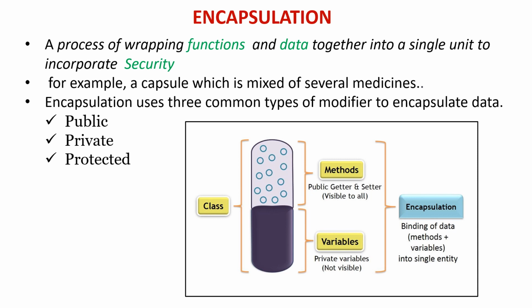We use the access specifiers public, private and protected to implement encapsulation. In this diagram, a class is a capsule. There are two portions, methods and variables. The binding of data and functions into a single capsule is called encapsulation.